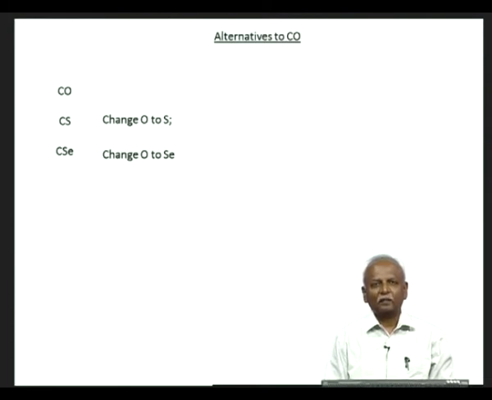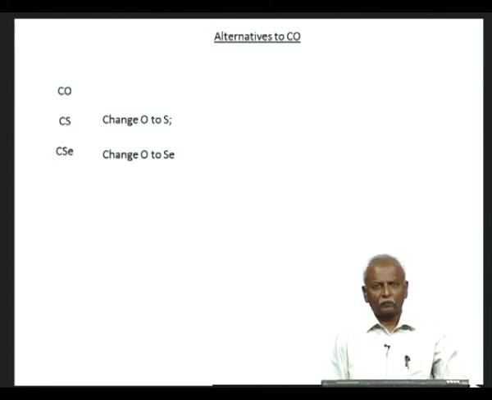These are excellent ligands, but the preparation of molecules containing these ligands turns out to be quite difficult. And because of this, and also because of the toxicity of carbon monosulfide and carbon monoselenide, people have tried to move away from these ligands and look for alternatives.